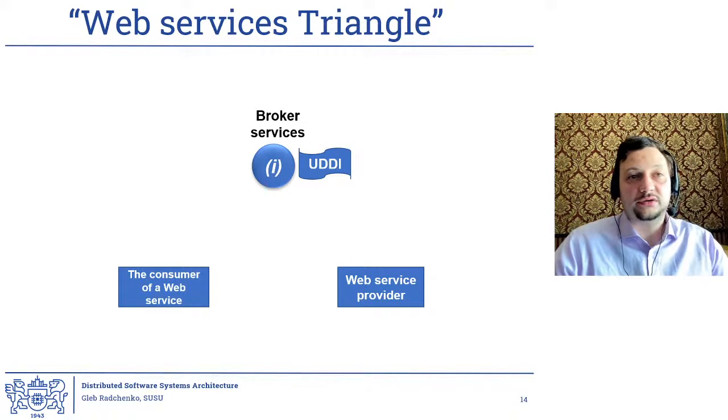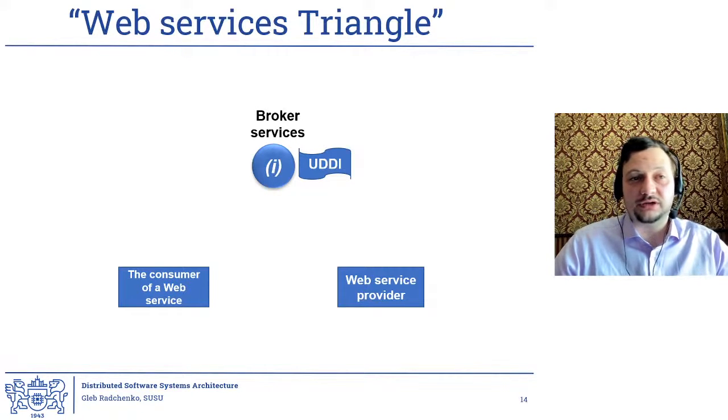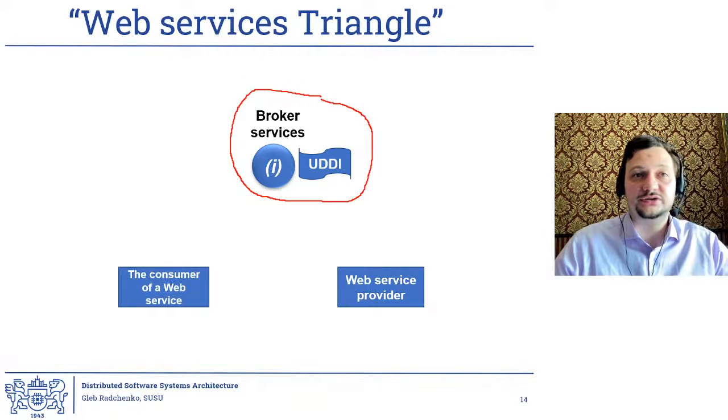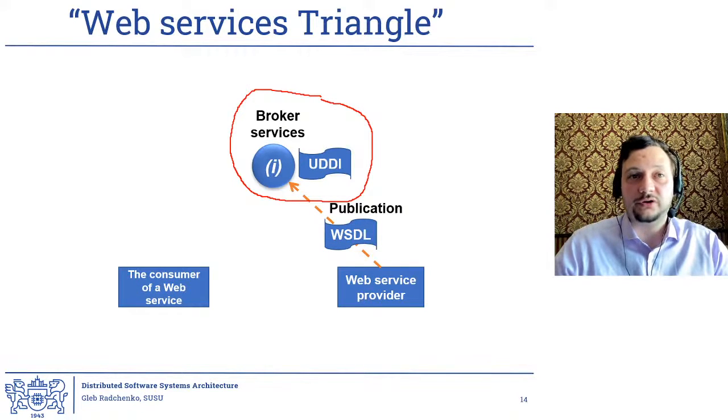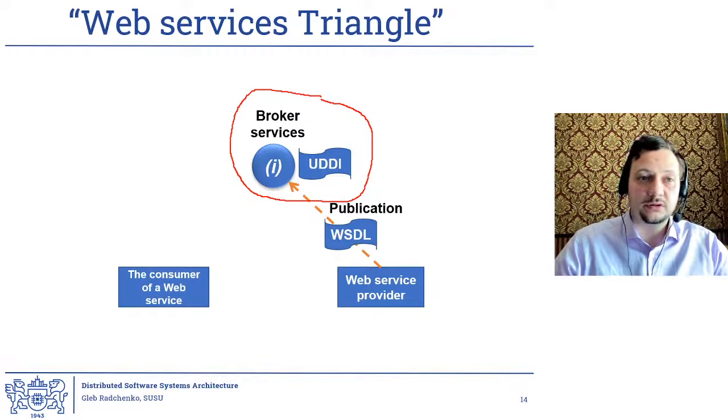Also, one thing that was commonly used in systems using XML web services is the UDDI service. The UDDI is a register of all web services that are available in the company or available for usage by external parties. When a web service provider creates some web service, it publishes this web service to this register.